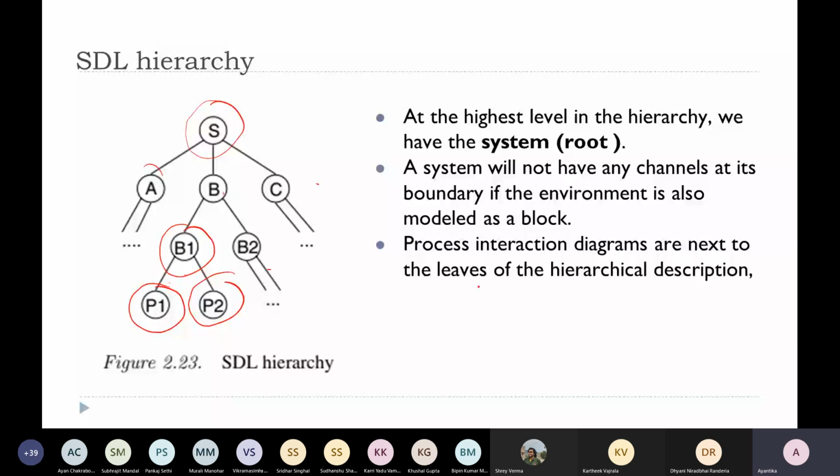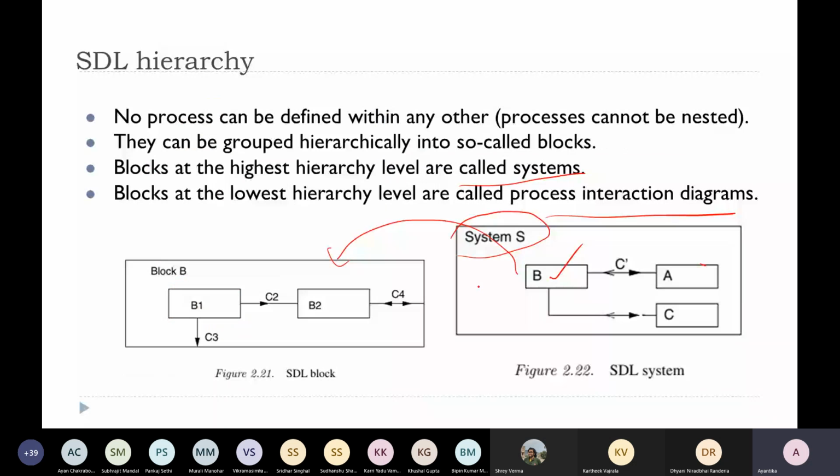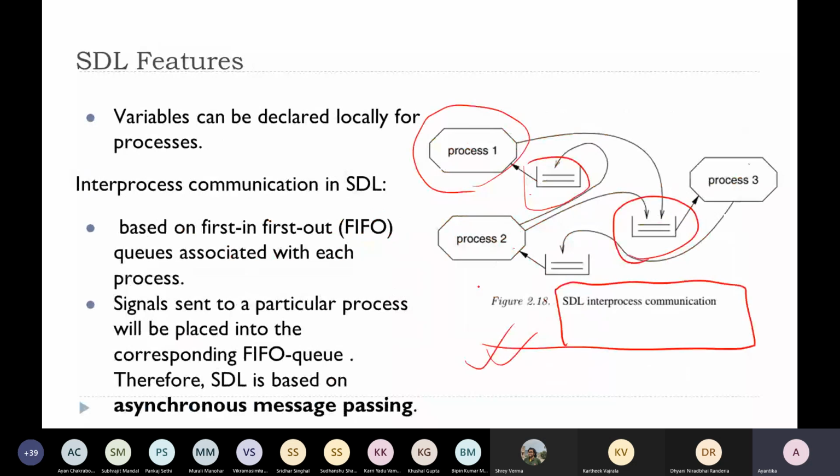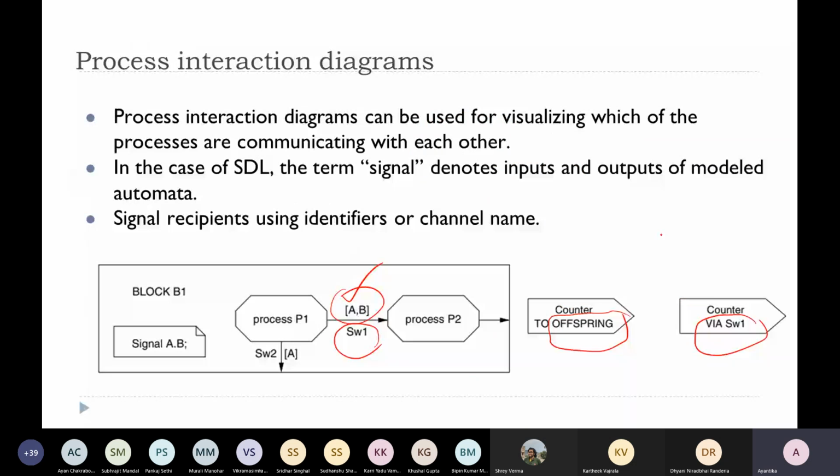So in comparison to hierarchical FSM or state chart, SDL has the advantage of using this message queue, and this message queue gives the capability to handle communicating signals in an asynchronous way. So this is another typical way of thinking about the modeling of our process networks.